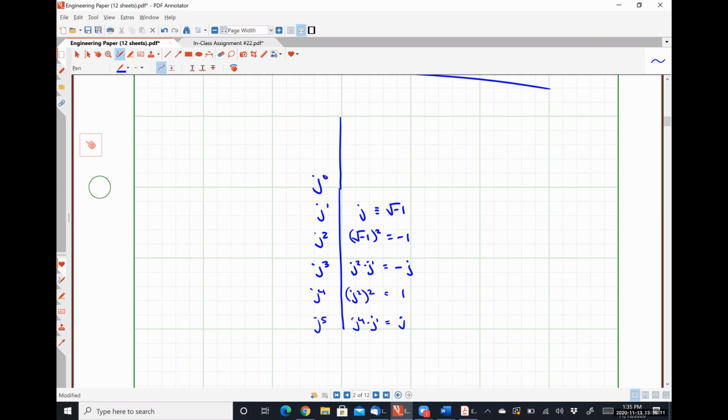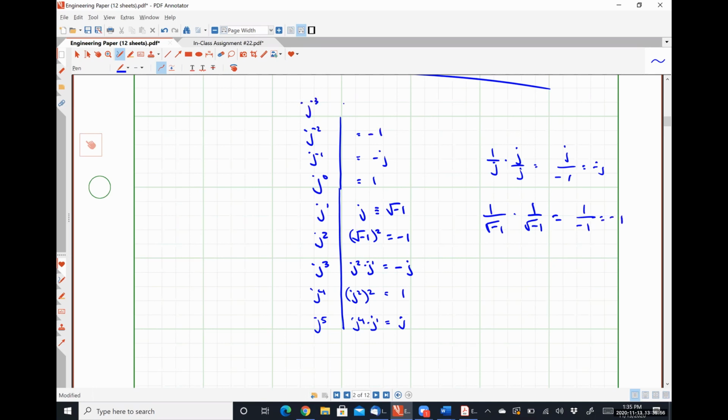Going in the other direction, J to the 0, anything to the 0th power is 1. J to the -1, so that's 1 over J, which we could multiply by J over J, which gives us J over J squared, which is -J. J to the -2 is going to be one over root -1 times 1 over root -1, which is 1 over -1, which is -1.